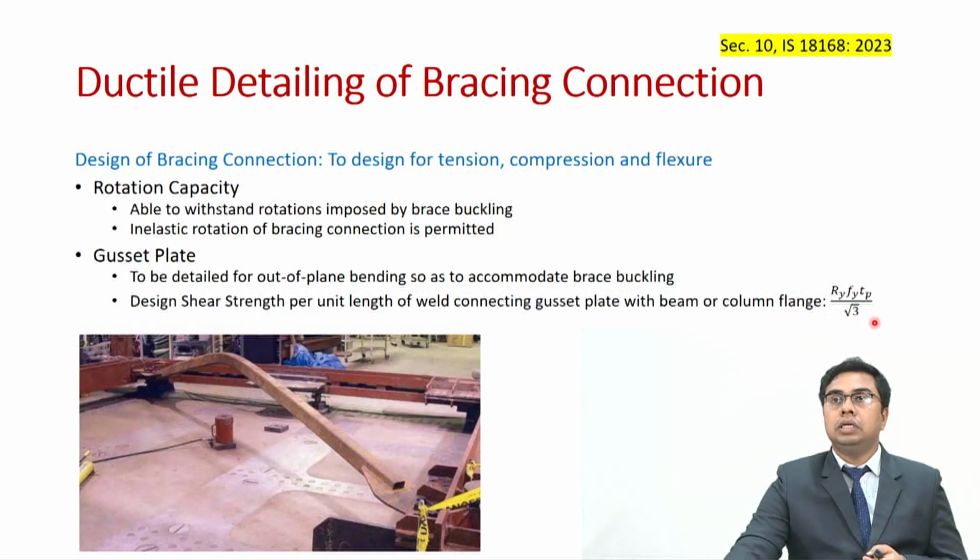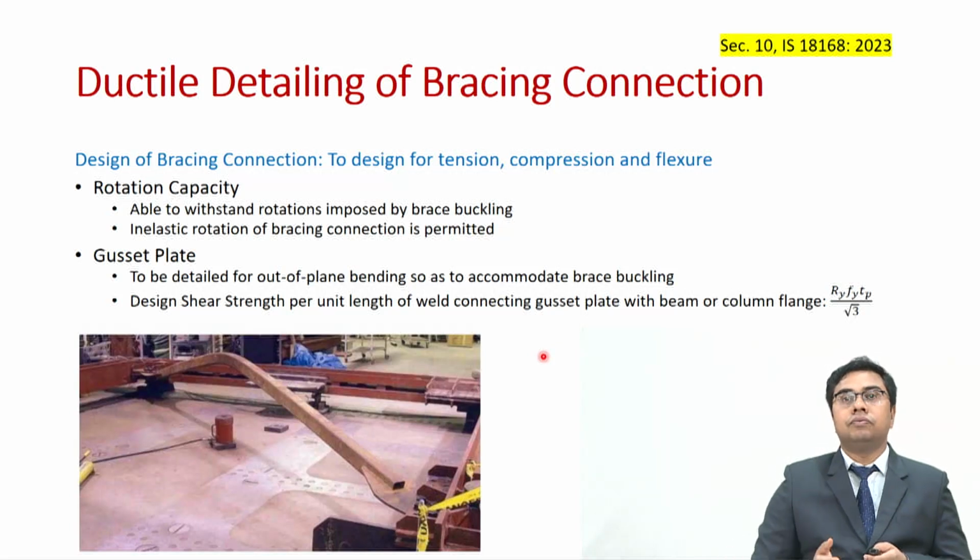So, by imposing this, we want that after the brace failure, if there is any failure in gusset plate, that should happen much before the connection of this gusset plate with the beam or column flange happens, which means our weld which is connecting gusset plate and beam or column flange should not fail before the failure of this gusset plate. So, that is the idea of what we have introduced through this very expression.